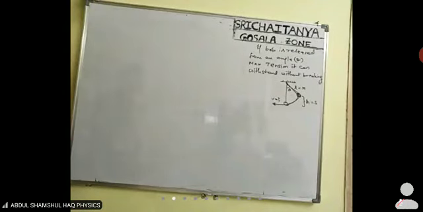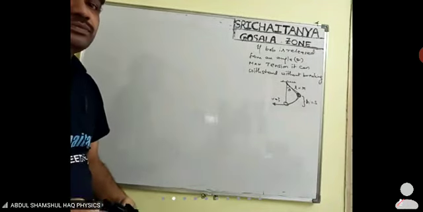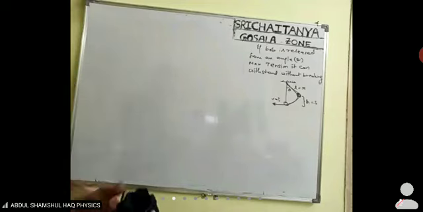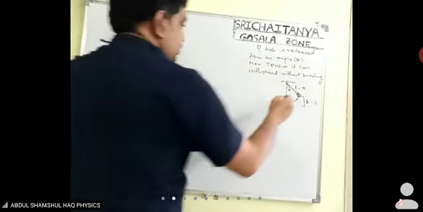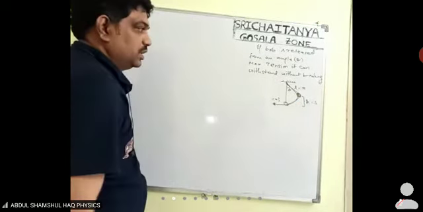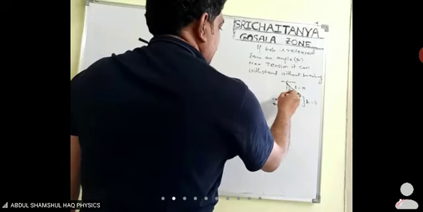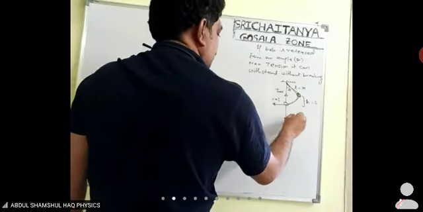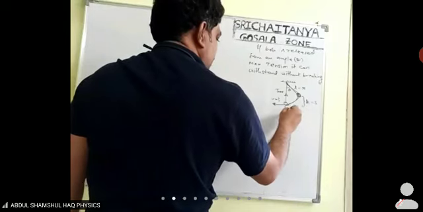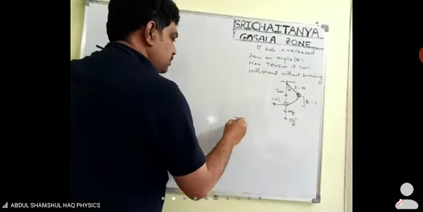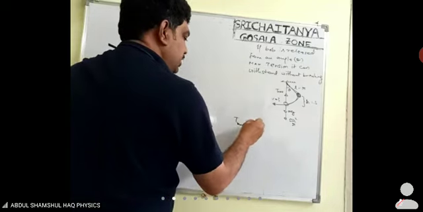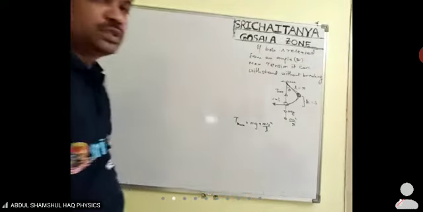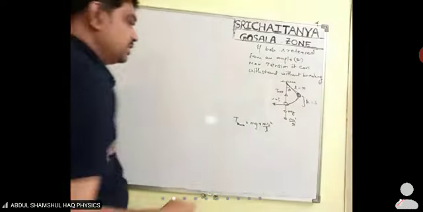Okay, students, please check that point. If the bob is released from this position to this position, we have to find the tension prevailing at this point. This is T maximum. This would be mv square divided by r, and this would be mg. So tension maximum is equal to mg plus mv square divided by L, since radius r is equal to L here.